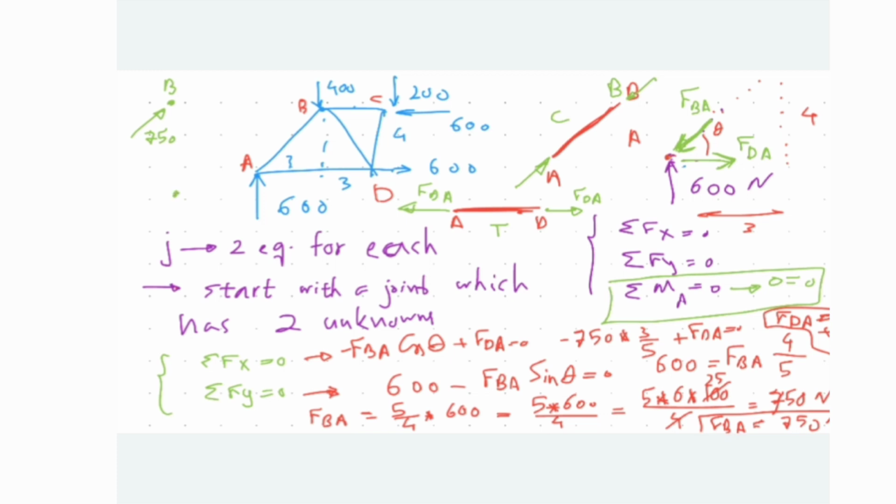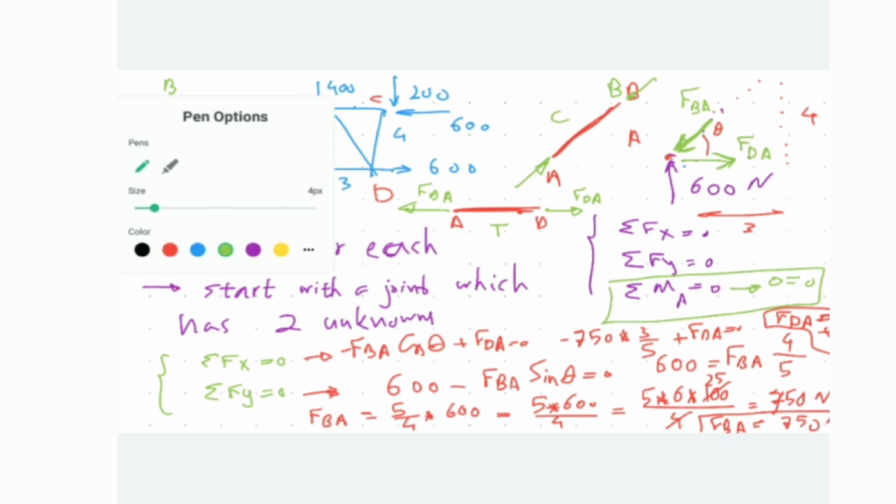And the same story for D. I know this is the force which is applied by the pin on the link. The reverse of this guy with exactly the same magnitude is applied on D, meaning that if I put point D over here, I would have 450 as one of the forces over here.